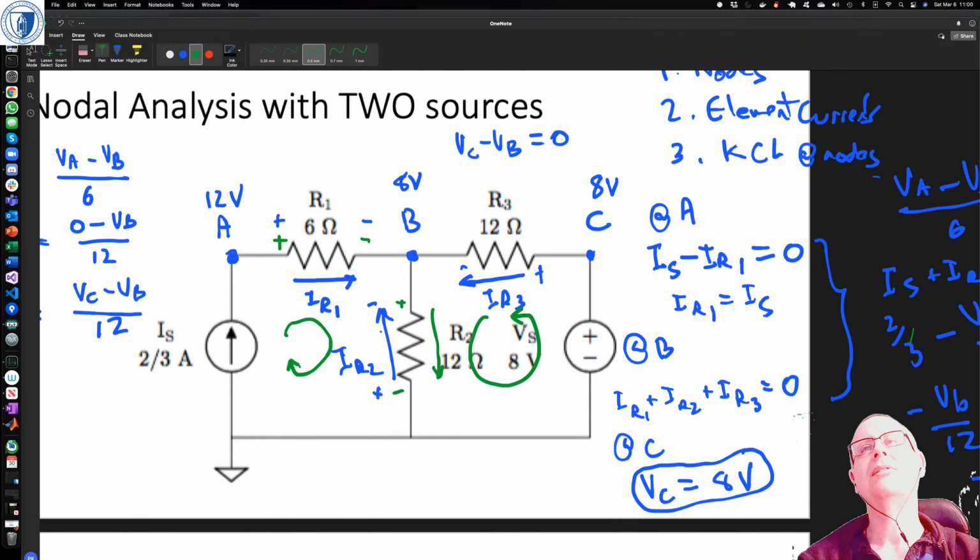Because we're going against the way we defined IR2. Okay, so that one gets us.